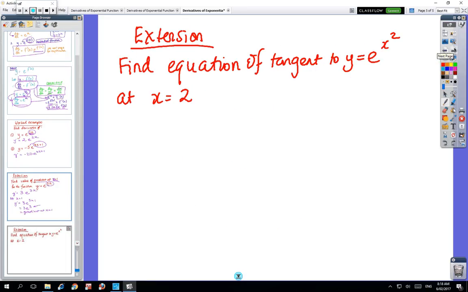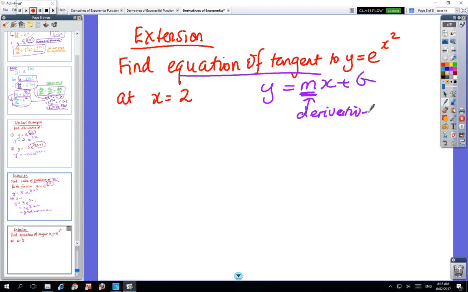Okay, find the equation of the tangent to y equals e to the x squared at x equals 2. Okay, so we need a y equals mx plus b answer at the end, and the m is going to come from the derivative. So first thing we do is y dash.